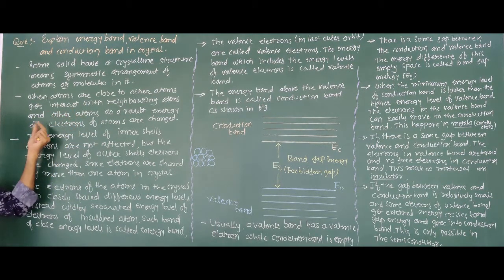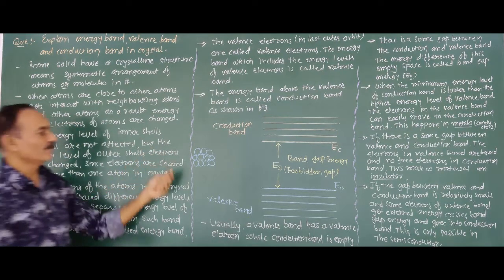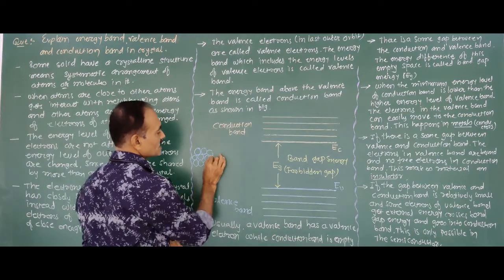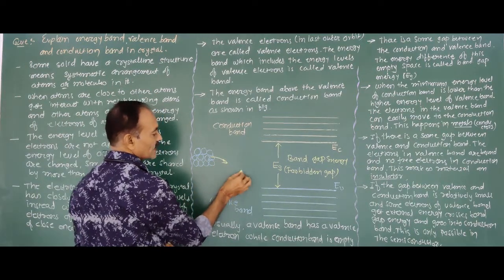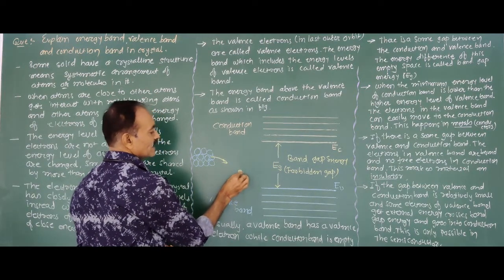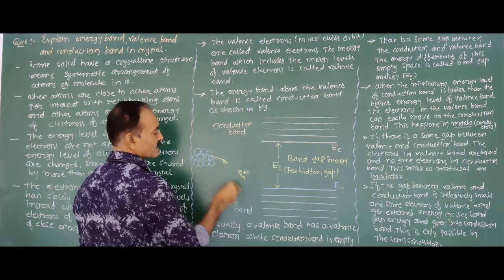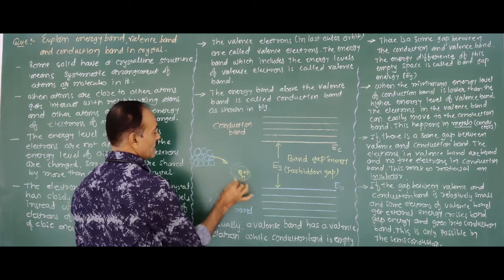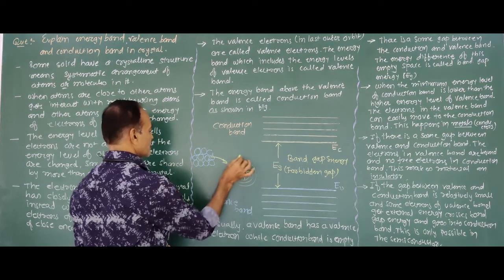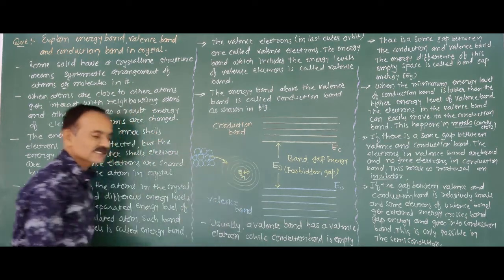As a result, the energy of the electrons of the atom is changed. Each and every atom has a nucleus, the small central region where the positively charged protons and chargeless neutrons are present, while in the outer shells the electrons revolve around the nucleus in circular orbits.